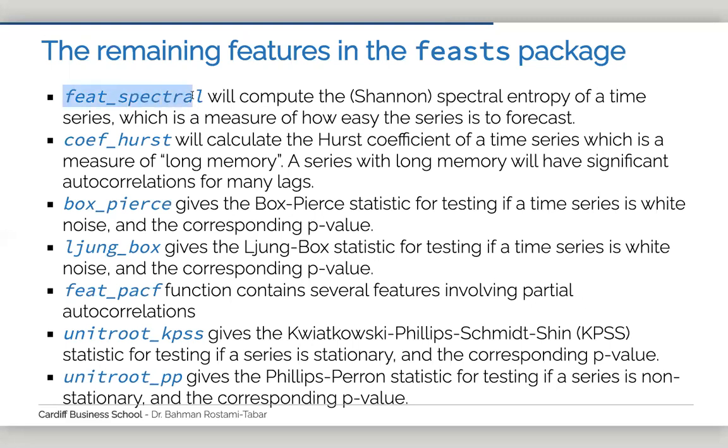For example, this one is interesting because it can highlight the forecastability in a time series. By forecastability, I mean how easy or how difficult it is to forecast a time series. Okay, so if it is easy, I think it is close to 1, and if it's difficult, it is close to 0.